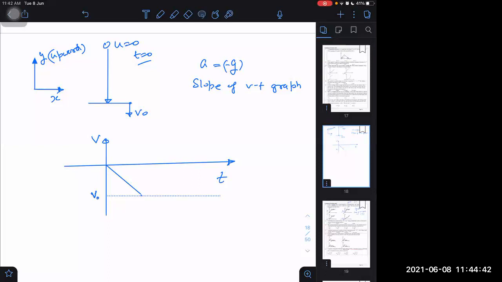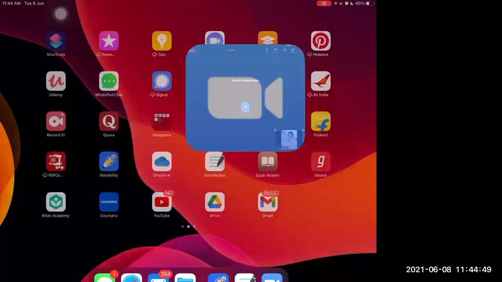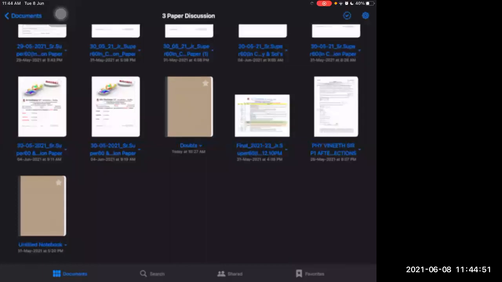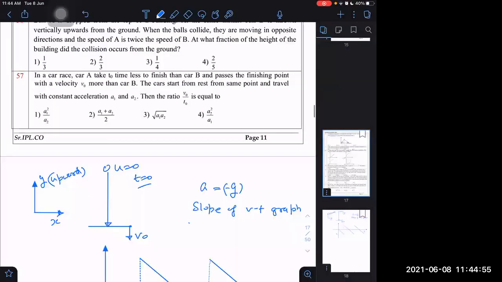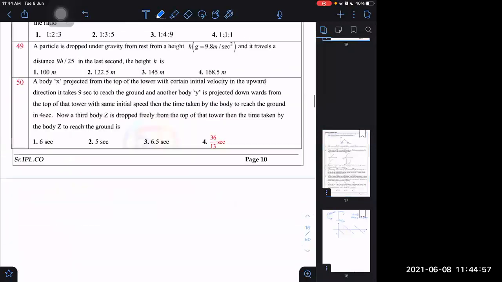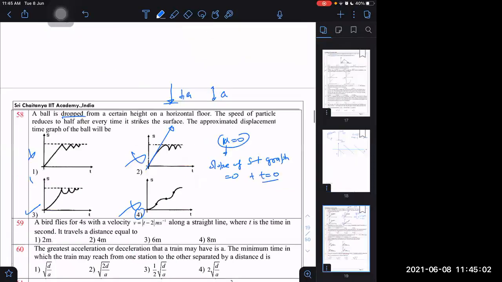Sir, can you explain from the first graph again? Which one? Displacement versus time or velocity versus time? The one which they have given, or the one which I am making now?